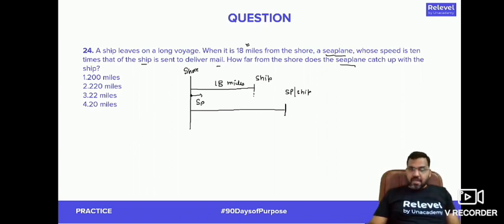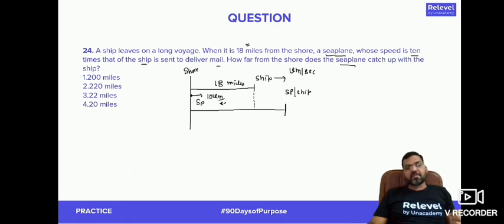Now you see that the speed of the seaplane is 10 times the speed of the ship. That means if I'm saying that speed of the ship is, let's say, v meter per second, then the speed of the seaplane would be 10v meter per second.